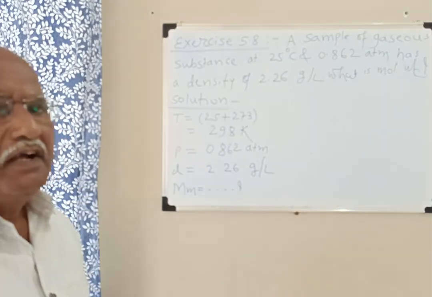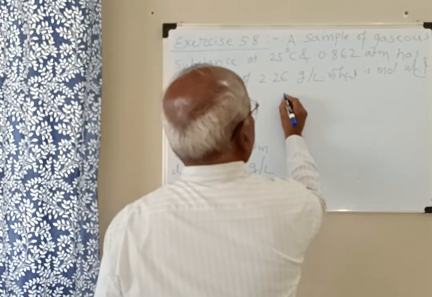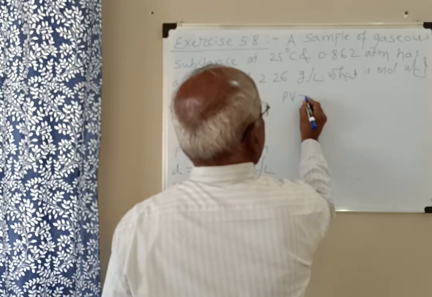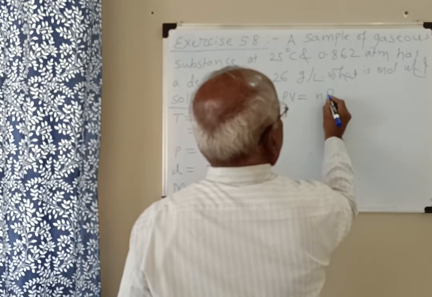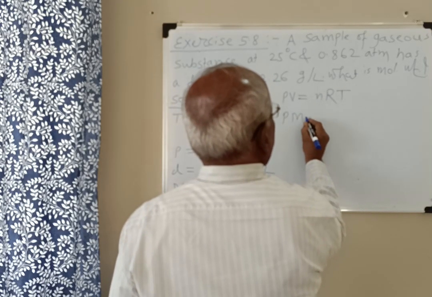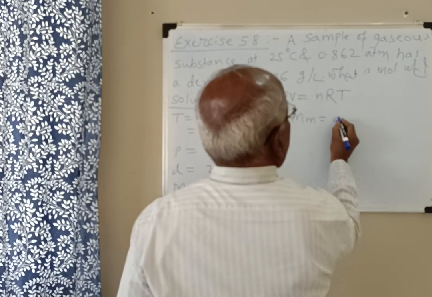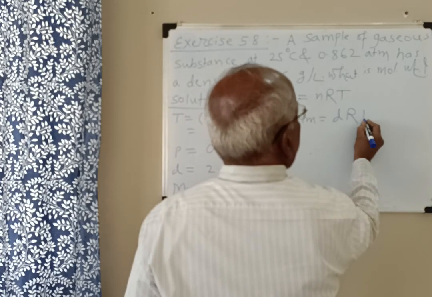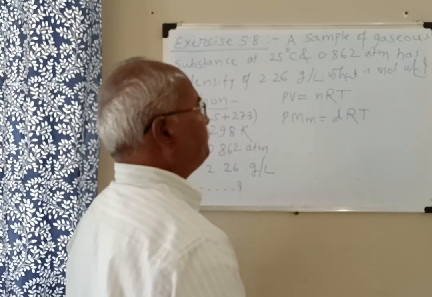I write the formula. We have two formulas: PV is equal to nRT and PM is equal to DRT.